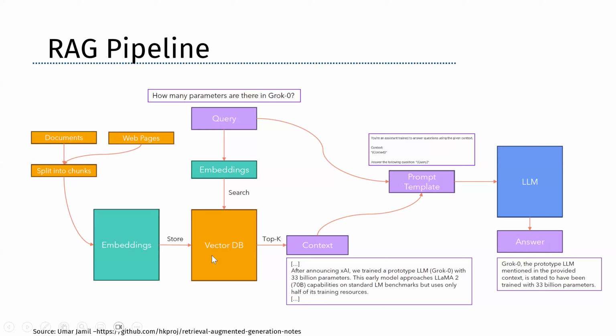Step 3, vector database. Once we have these embeddings, we store them in something called a vector database. You can think of this as a high-tech filing system for all the chunks we've created. The vector database is special because it allows us to quickly search through all the chunks of data by comparing the embeddings.